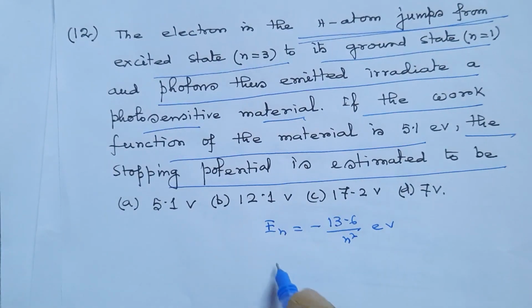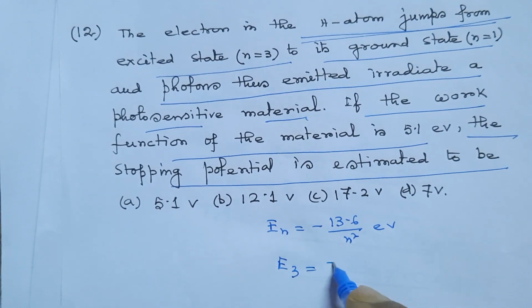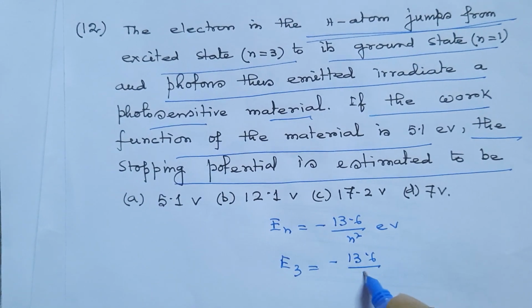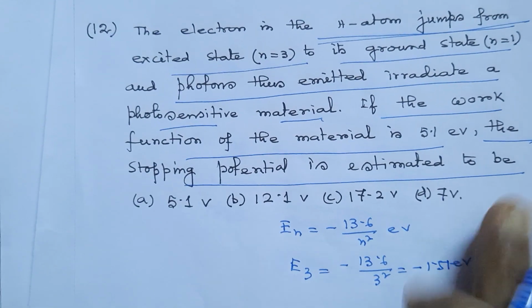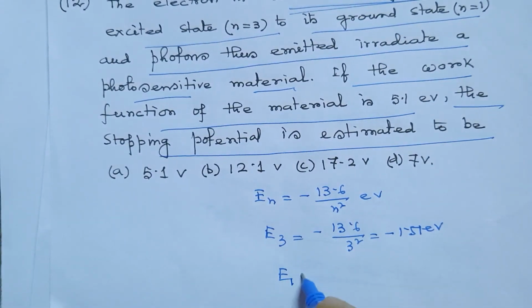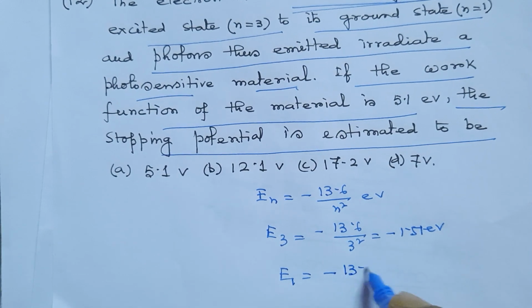So for the third orbit, it is minus 13.6 by 3 square, that is minus 1.51 electron volt. And for the first orbit, it is minus 13.6 electron volt.